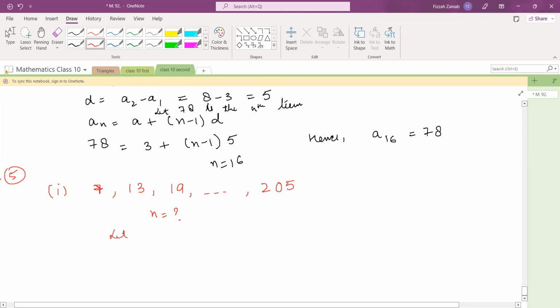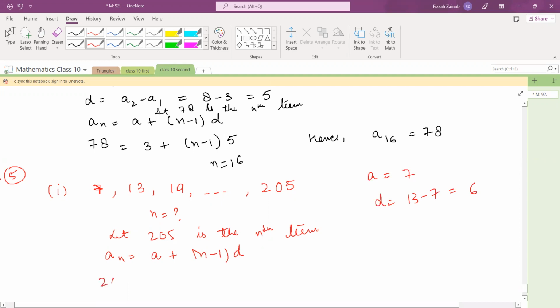So again, let 205 be the nth term of the AP. The formula is an is equal to a plus n minus 1 into d. From here you write a is 7 and d is 13 minus 7, which is how much? 6, right?